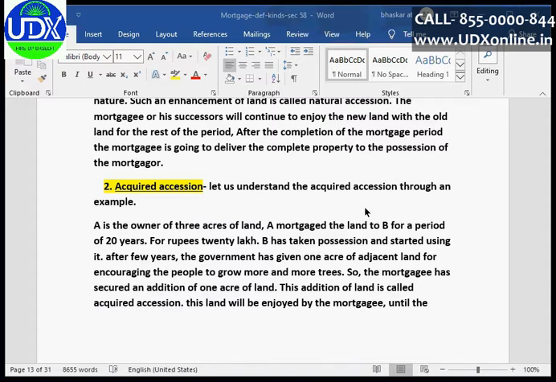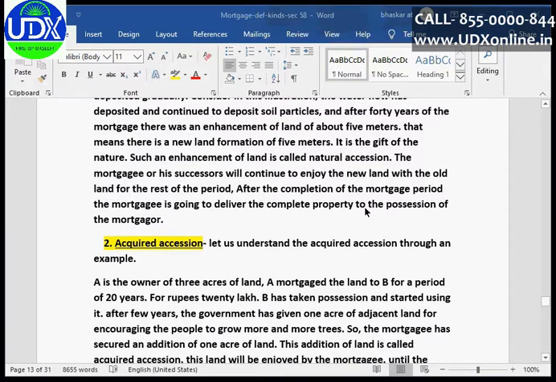Okay, so with these two accessions, when any addition of land has been made, the mortgagee has the right to use and enjoy this property up to the complete period of the mortgage.